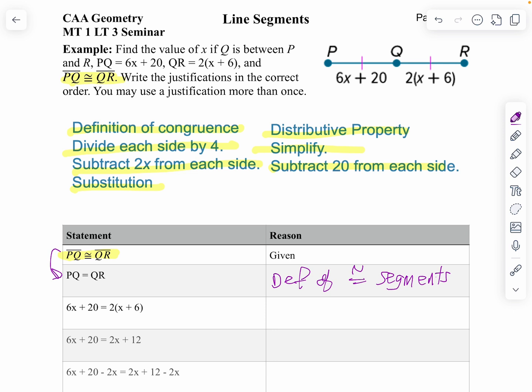Then we know PQ from our given is 6x plus 20. Probably should have written that down in the beginning too. But when I write, instead of writing PQ, I'm writing 6x plus 20. That is going to be substitution. When you write something instead of something else, we call that substitution.